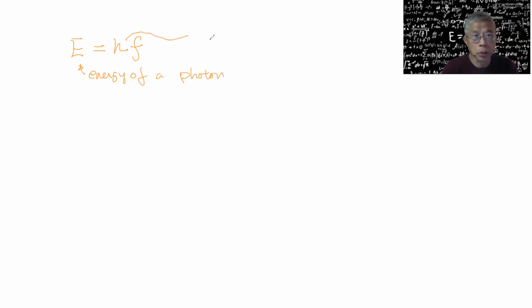H is so-called Planck's constant, and f is the frequency of the vibration. It's also the frequency of the light, of the photon.